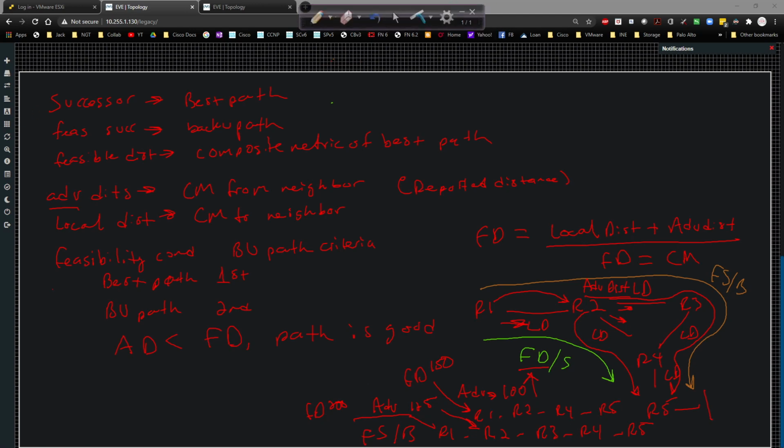Now, there are some other details that you need to understand in terms of the operations. I'm not going to get super deep into the actual specifics, because honestly, if you do get questioned on that, it's not terribly difficult to read up on some of the more advanced EIGRP options.